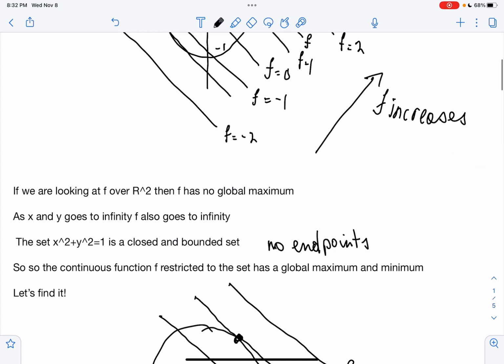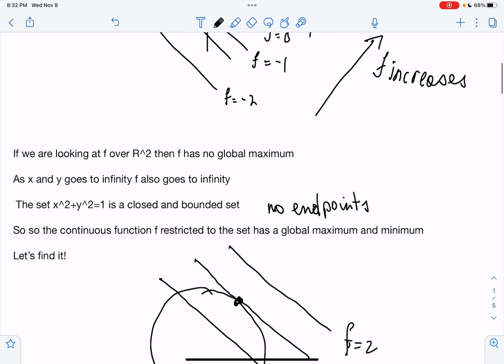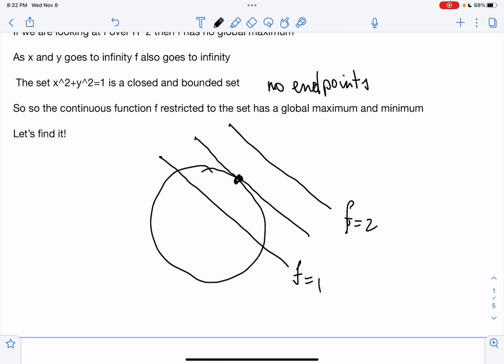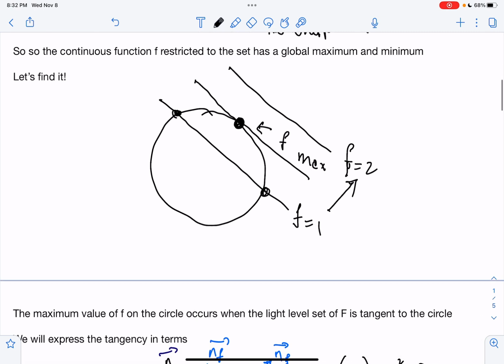So let's find exactly where those maximum and minimum occur and what their values are. We have this picture that as f increases, it's intersecting the circle first at 2 points, but then eventually just at 1 point and then at no points. And the maximum of f will occur at that 1 point of intersection.